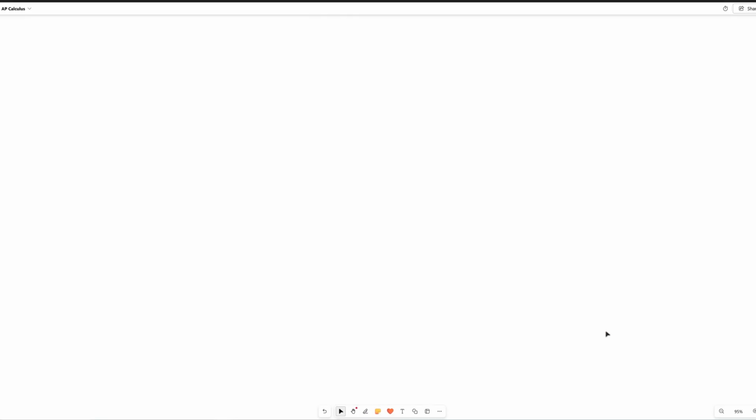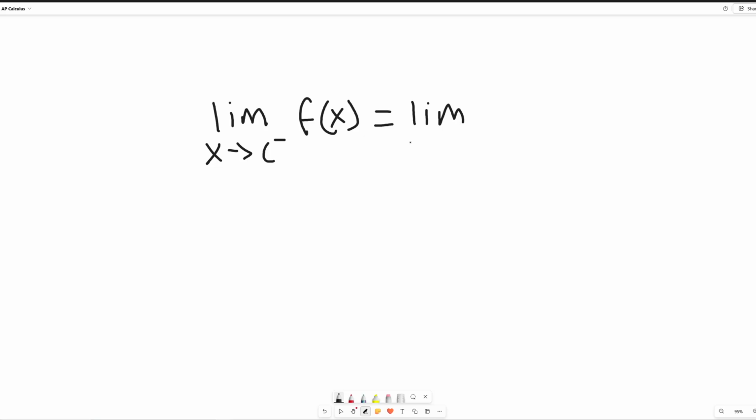And that is the definition for when a limit exists. A limit only exists if, when you approach a number from the left side, which is what this minus denotes, it equals the limit as you approach x from the right side.